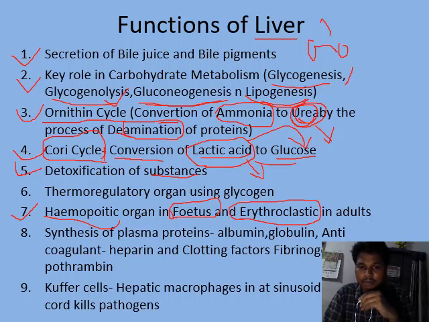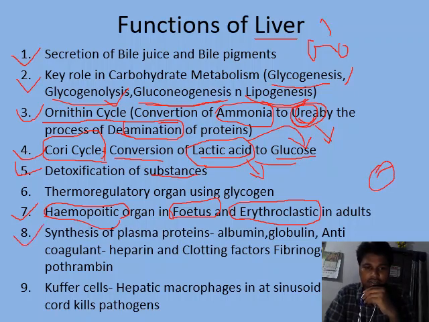That means breaking down the RBC. Okay, in the fetal stage, it produces the RBC, and in adults, it works as an erythroclastic organ. The actual erythroclastic organ is the spleen, but the liver also helps in this process.